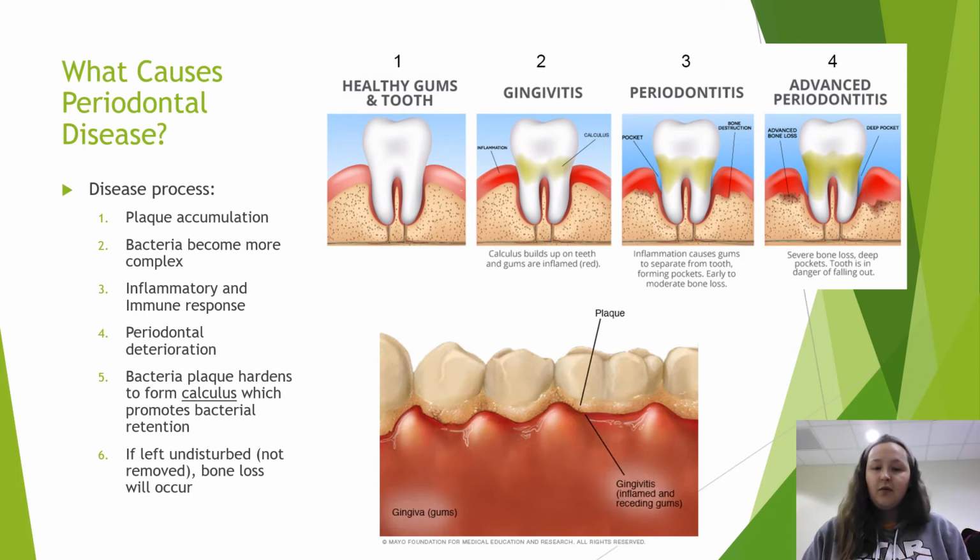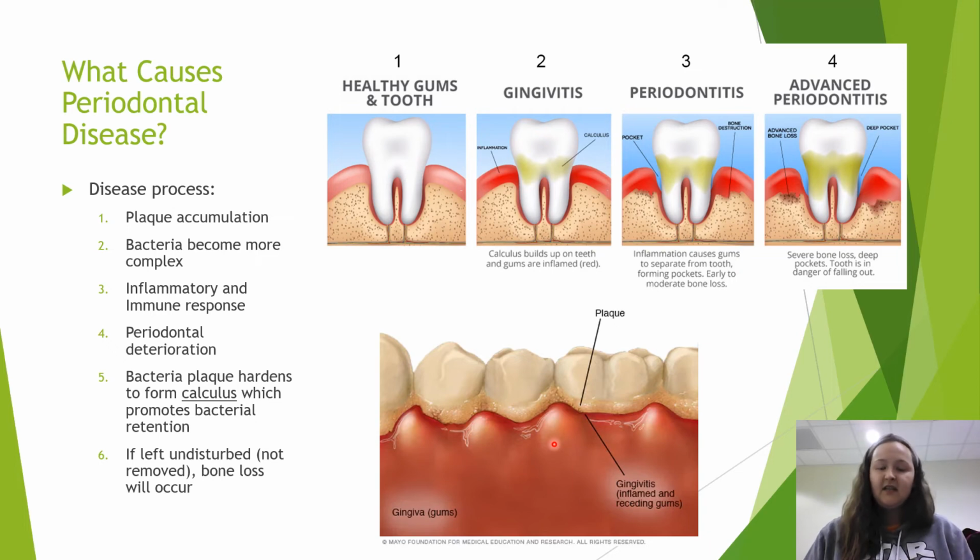So that's what we see when we see your gums with this not-so-nice, red inflamed area. You know, they're puffy, they're red, they're basically angry at you. That is your body's immune system trying to kill off the bacteria.